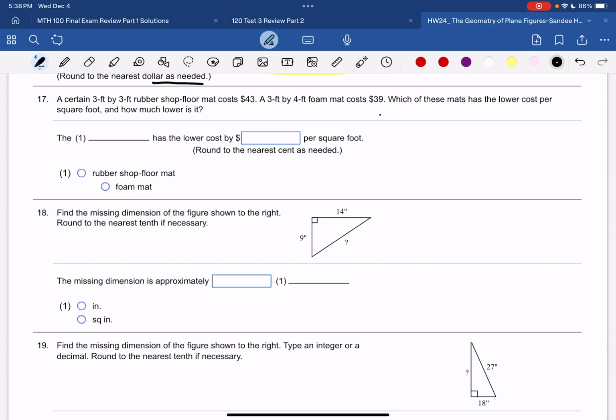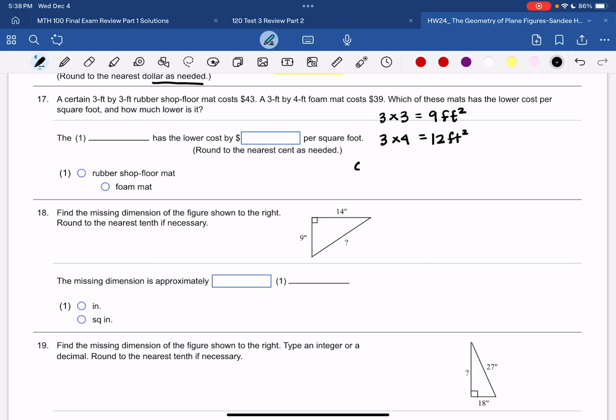If you've got a 3 by 3, that's going to be 9 square feet, right? That's a square, so length times width, or side squared, is 9 square feet. You've got a 3 by 4, so that's 12 square feet, okay?